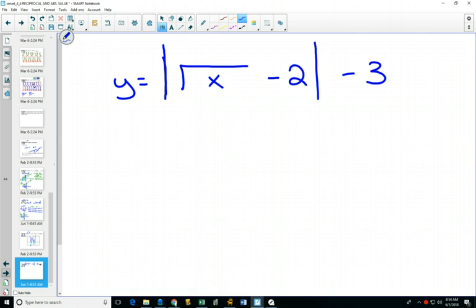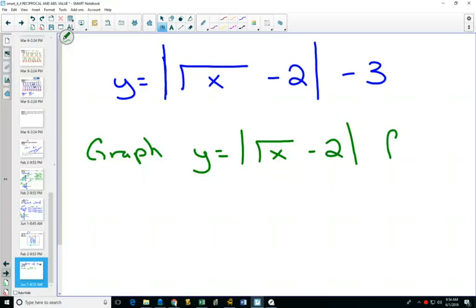So how do we graph this? Well, first we would graph the inside function.